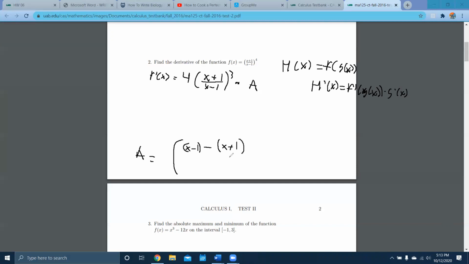So it's just going to be 1 times x minus 1 minus 1 times x plus 1. That's all you have to do because the derivative of x is 1, and that's a coefficient, so it goes to 0. So you don't have to worry about that. And this is going to be over x minus 1 squared.